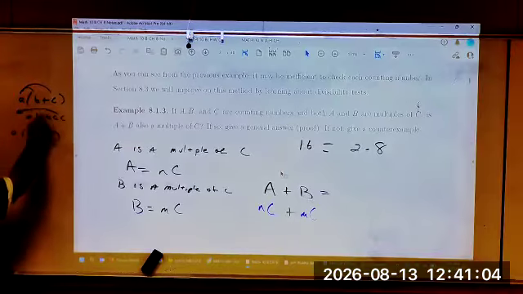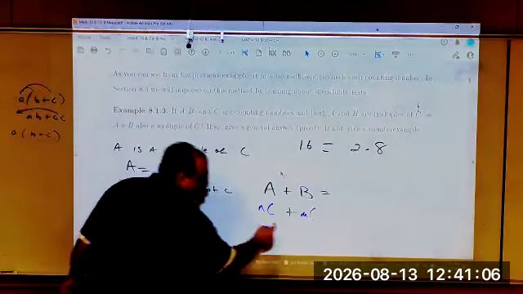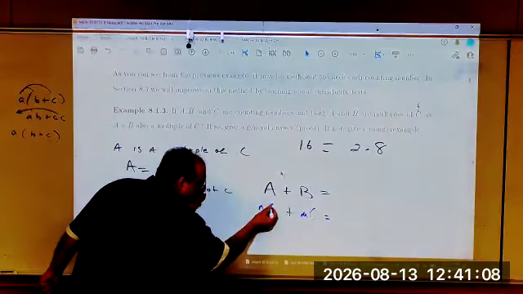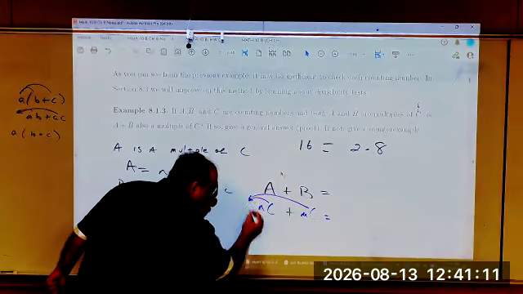Factoring, distribution, these two have a common factor of C. I'm going to factor C out of both.